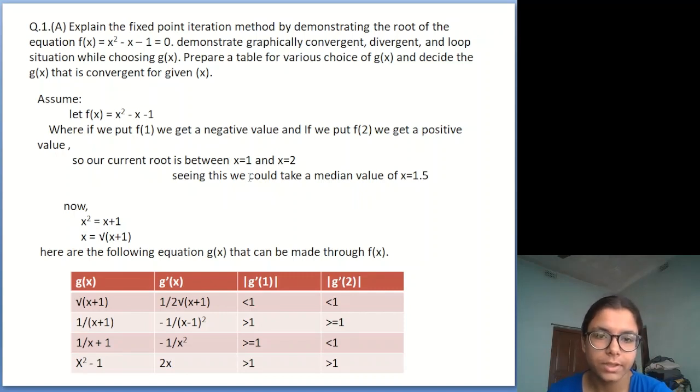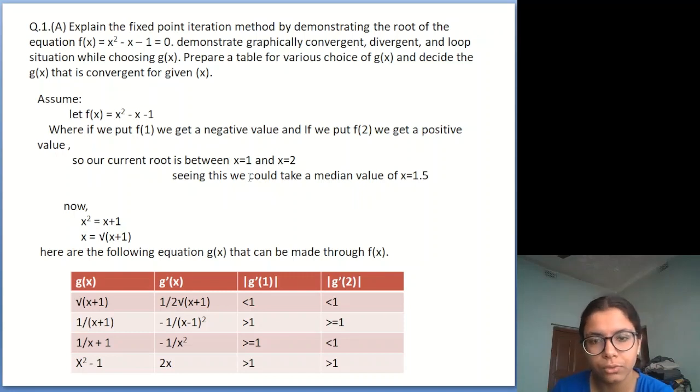So firstly we would take our equation that is given. Let f(x) = x^2 - x - 1, where when we put 1 in the place of x in this equation, we would get a negative value, and if we put 2 in the place of x, we get a positive value.